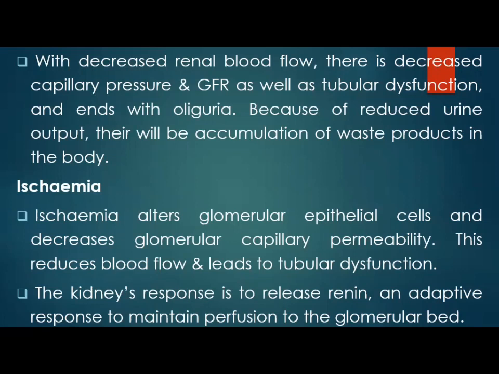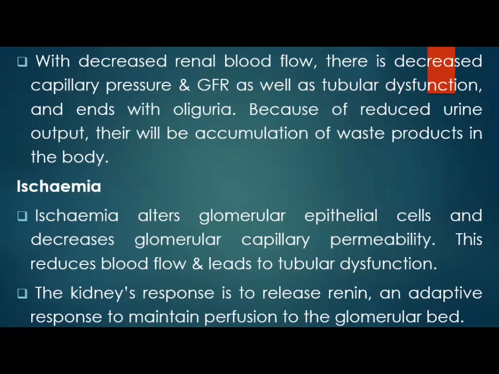So because ischemia has now set in these tissues that are receiving less blood, such as the glomerulus and the tubules, this will alter the epithelial cells, the cells of the kidneys, and reduce the glomerular permeability.